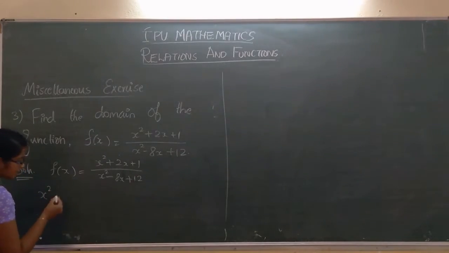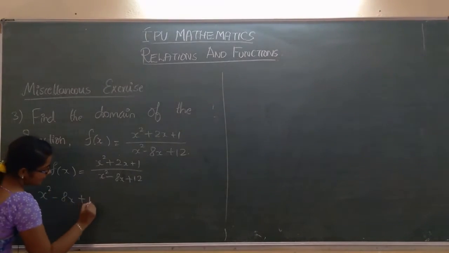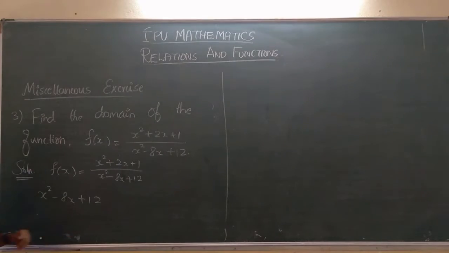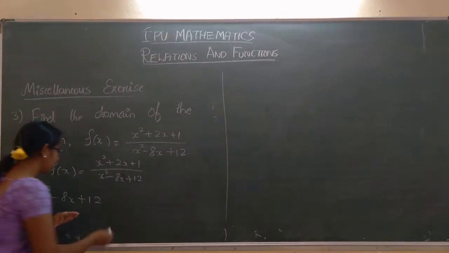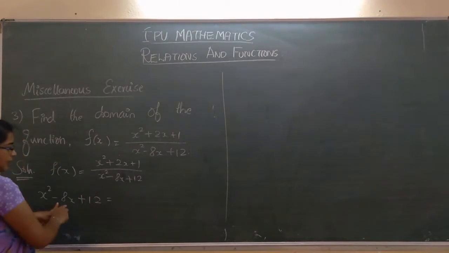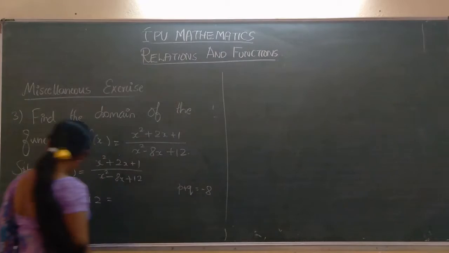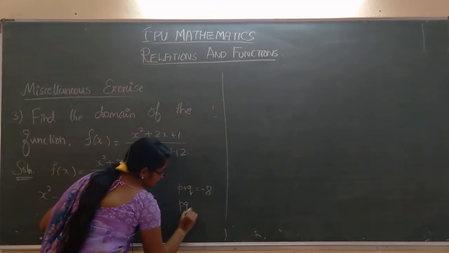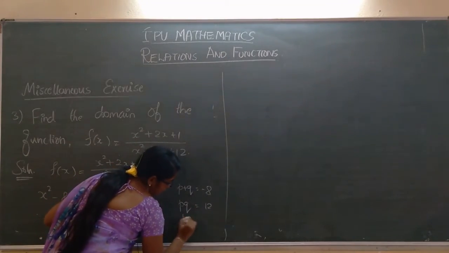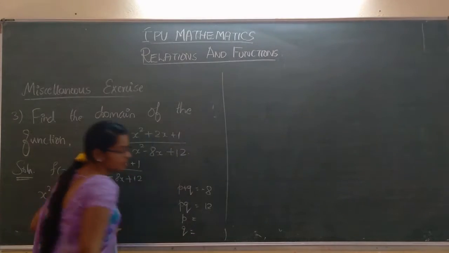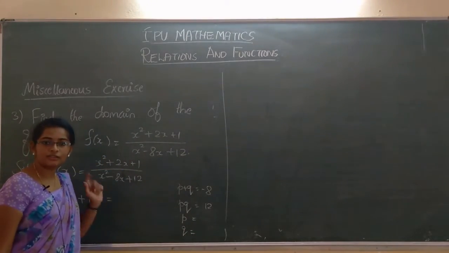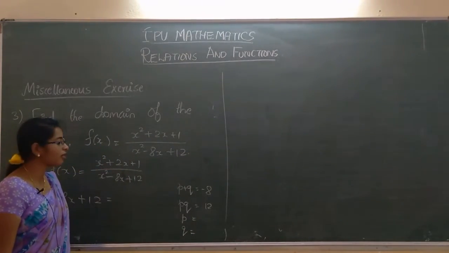We have x square minus 8x plus 12, when this would be equal to 0. Let's factorize it, okay. See, p plus q is equal to minus 8 and p into q is equal to 12. Then p is equal to what? q is equal to what? How to factorize this you have studied in high school itself. Tell me.